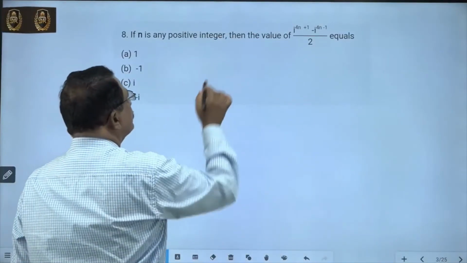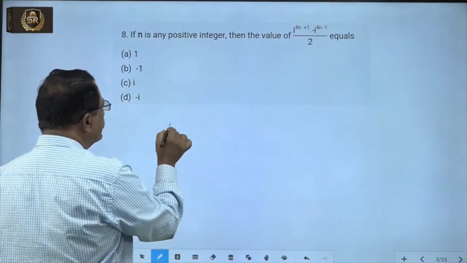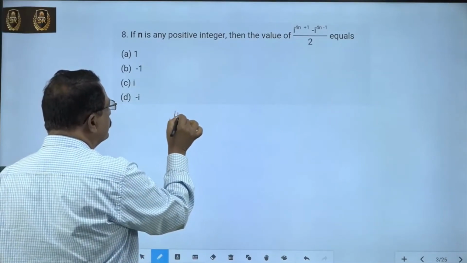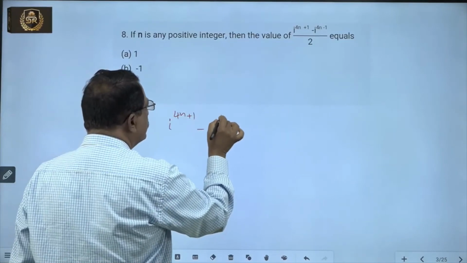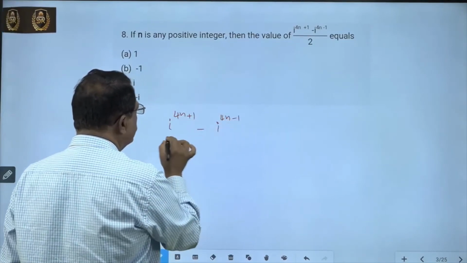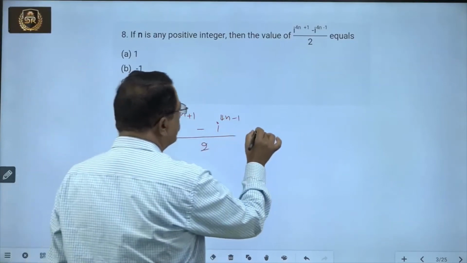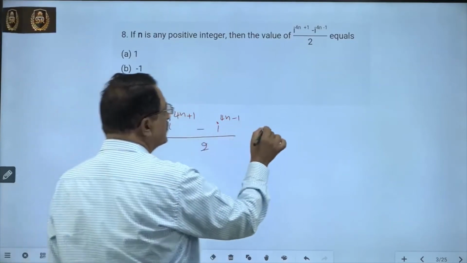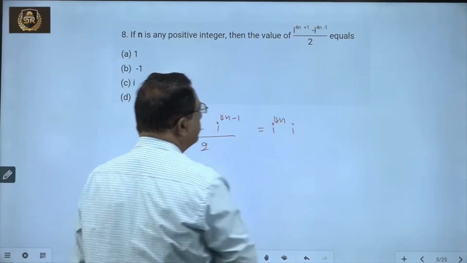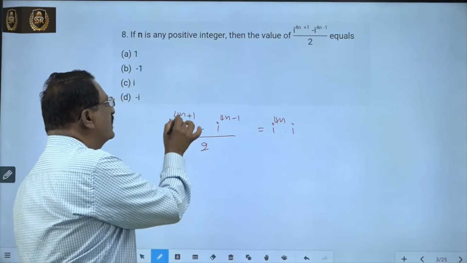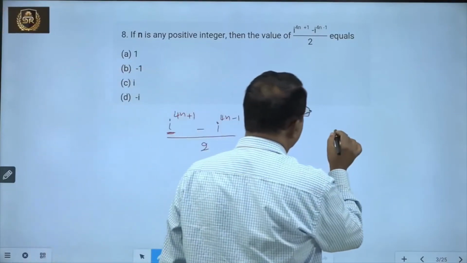Next, if n is any positive integer, then we require the value of (i to the power of 4n plus 1 minus i to the power of 4n minus 1) by 2. Now i to the power of 4n plus 1 can be written as i to the power of 4n into i, which is 1 into i.